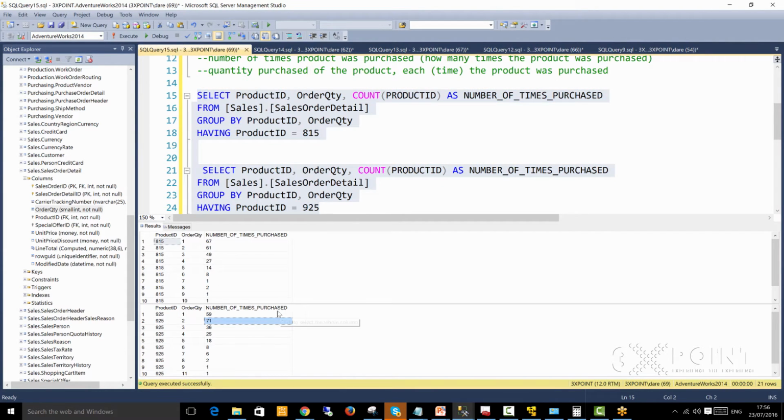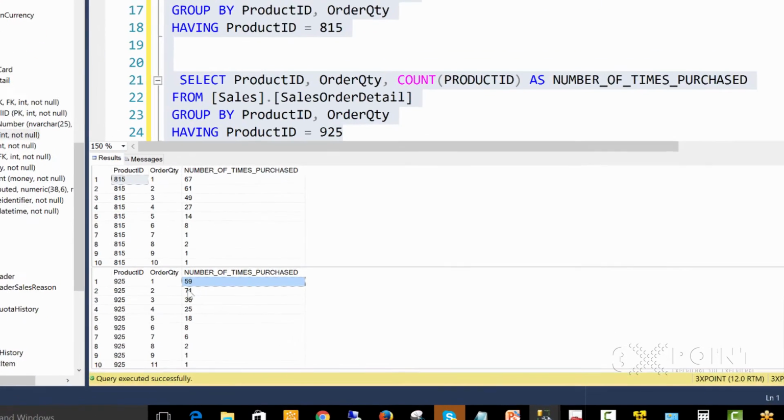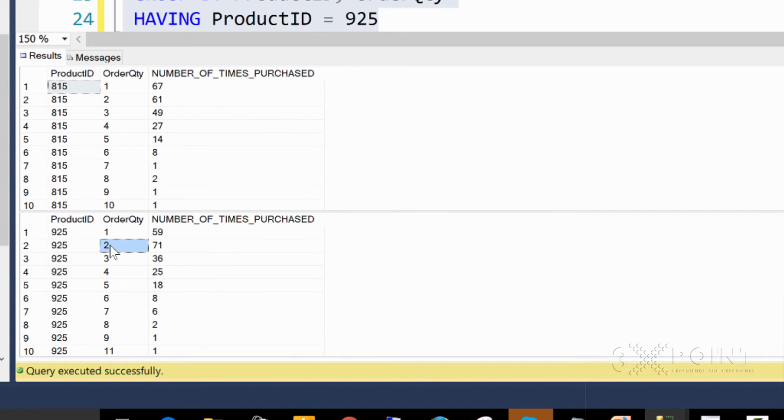Now for 925, let's have a look at the relationship. When 925 was purchased at order quantity 1, it was purchased 59 times. When it was 2, it was purchased 71 times. Was there any time they bought 10? No, nobody actually bought 10. But there are closer figures.